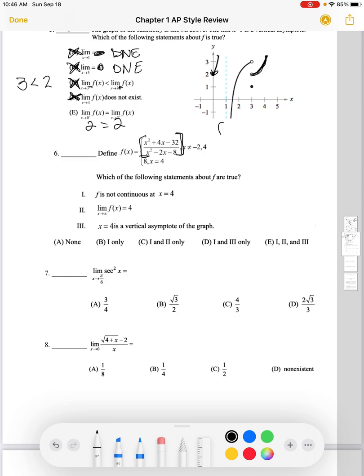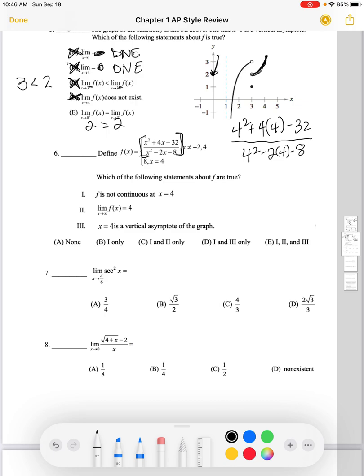So plugging in 4 here, I'm just going to write it out this way. So 4 squared plus 4 times 4 minus 32. And then in the denominator there would be 4 squared minus 2 times 4 minus 8.